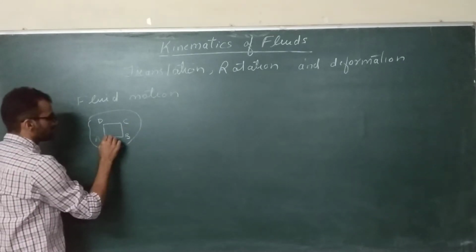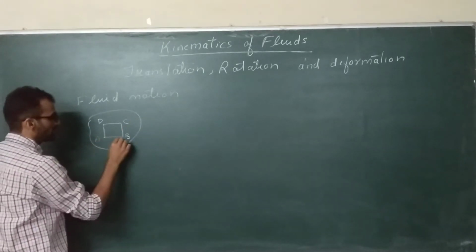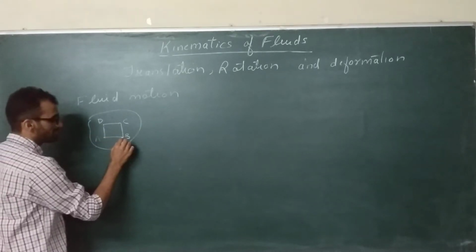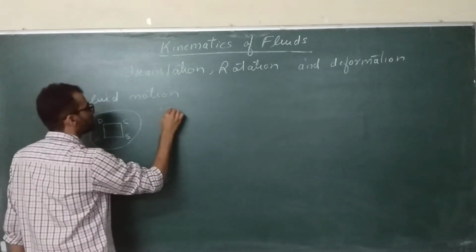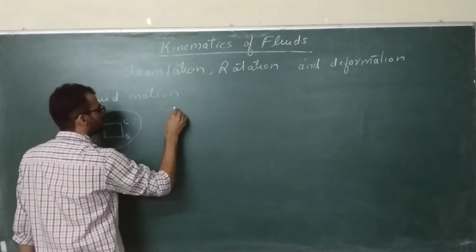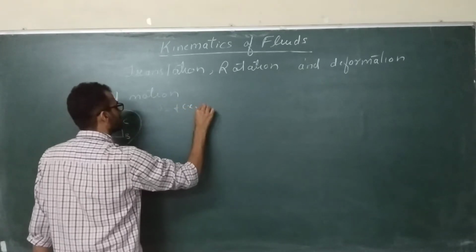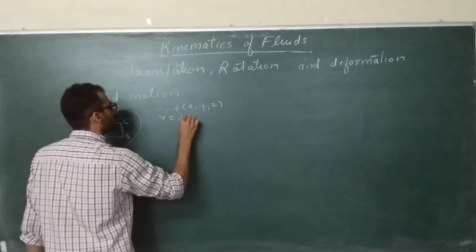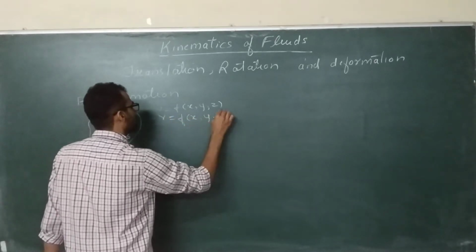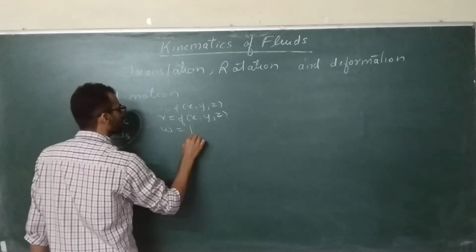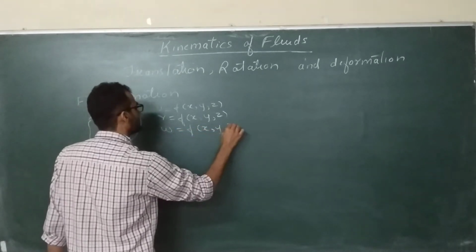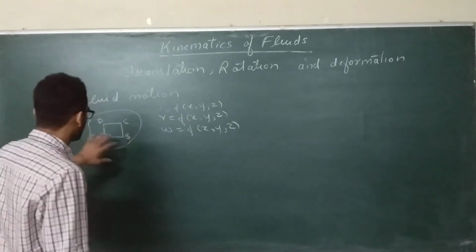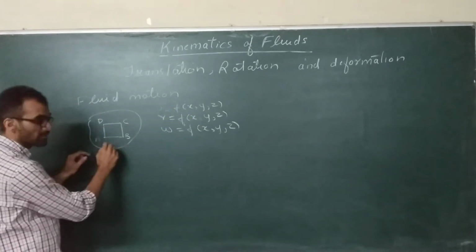Let us say this is one point A, this is one point B. The velocity at A will not be the same as the velocity at B, since U is also a function of space, X, Y, Z. V is also a function of X, Y, Z, and W is also a function of X, Y, Z. Since the velocity components are a function of space, velocities will be different at different locations.